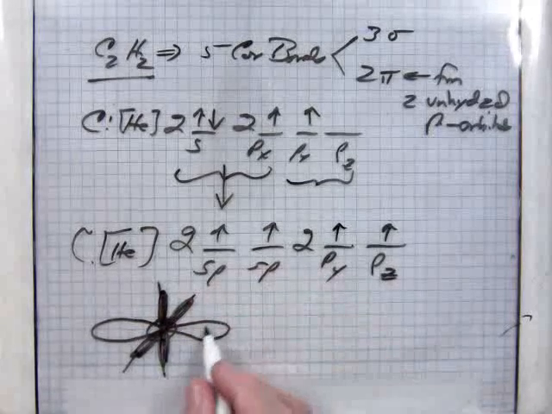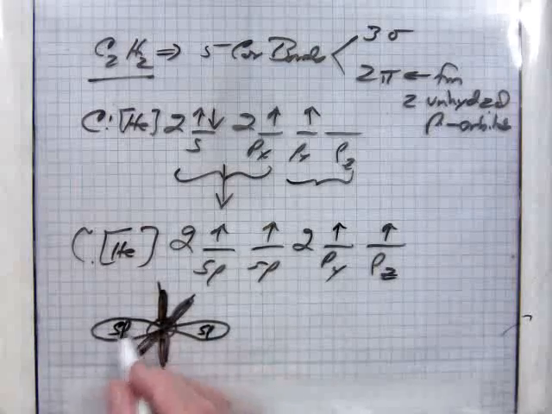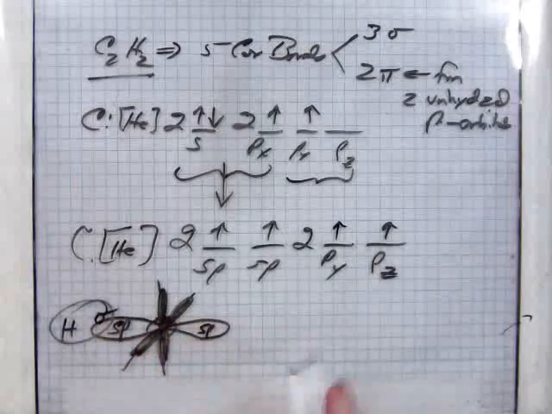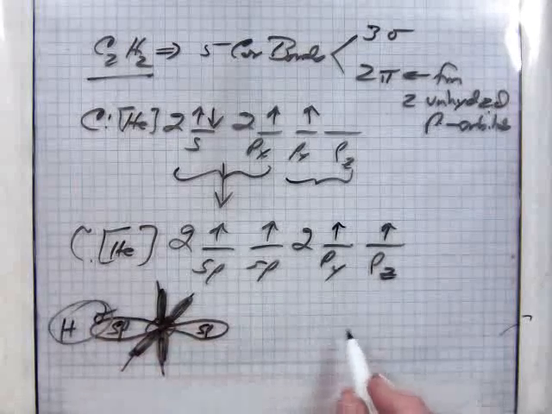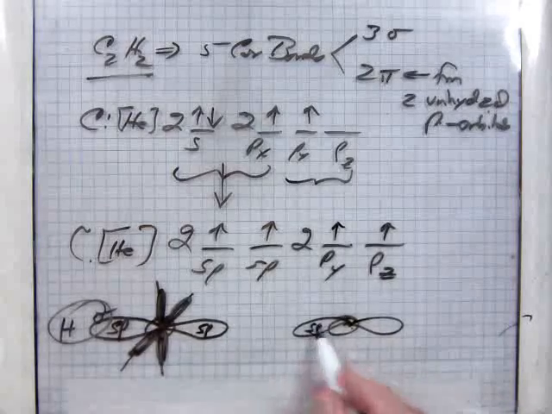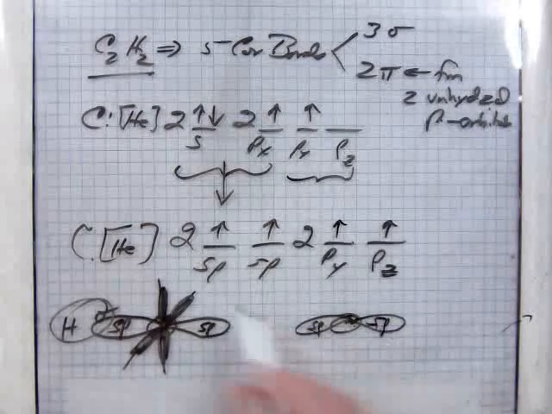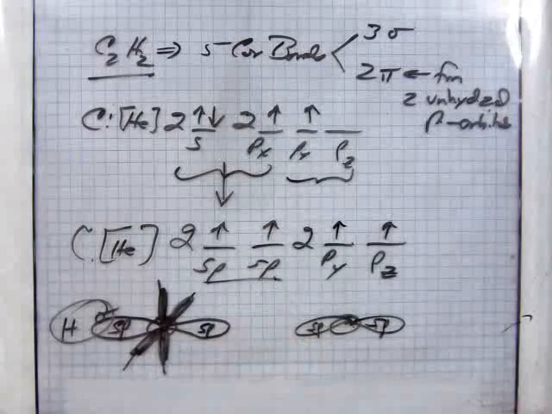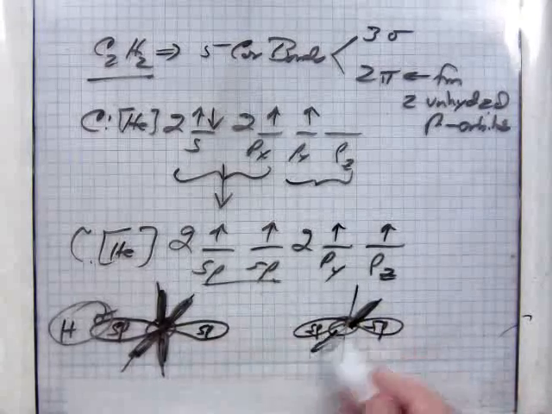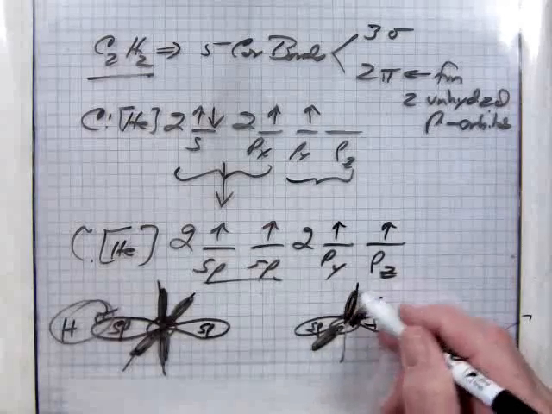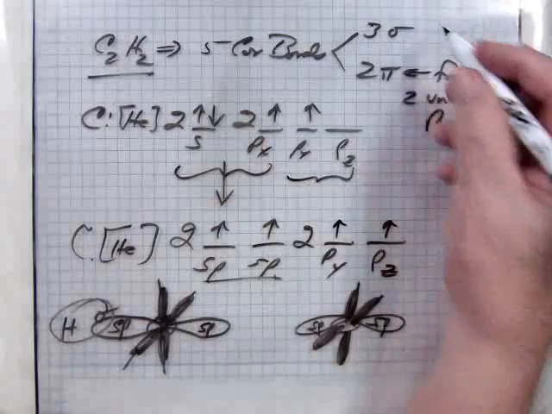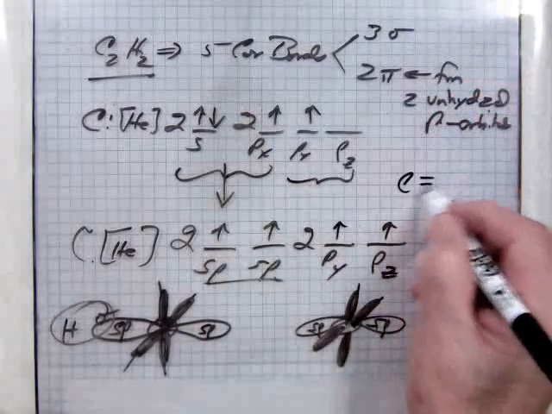So this is an sp and this is an sp, which accommodates the hydrogen coming in and forms a sigma. But this one also has another sp over here for the second carbon, and then 2 unhybridized p orbitals on the second carbon also.